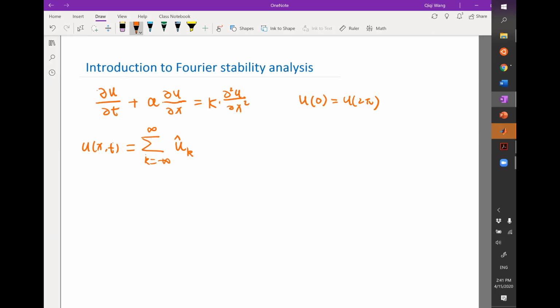So we have u hat subscript 0, u hat subscript -1, u hat subscript +1, u hat subscript -2, etc. These coefficients are purely functions of time, multiplied with complex exponential functions, e to the i k x.